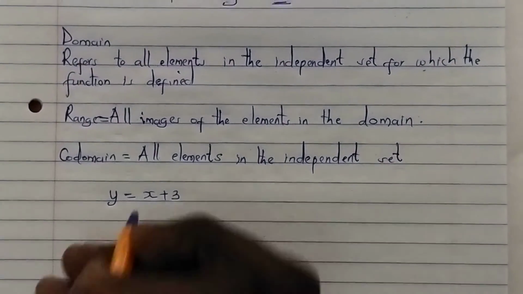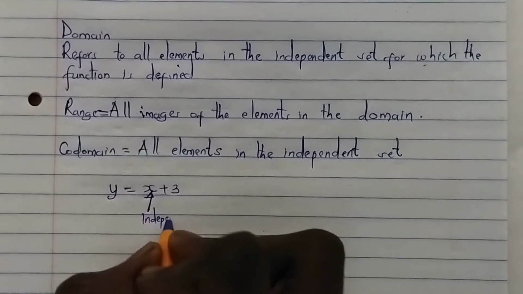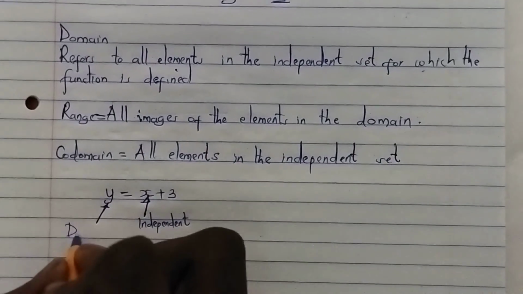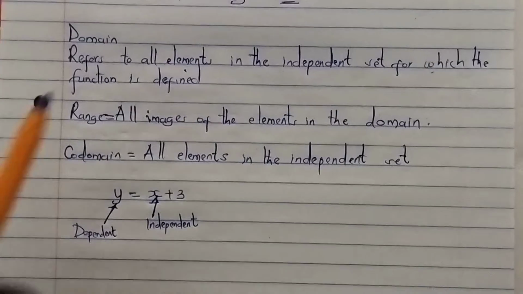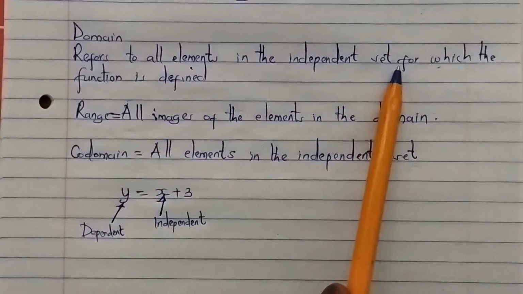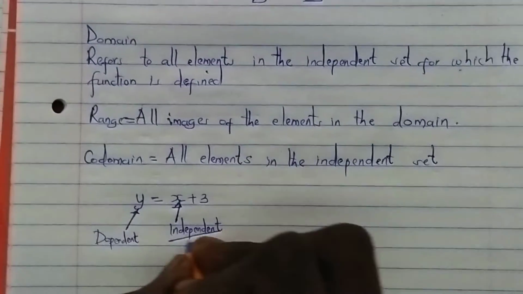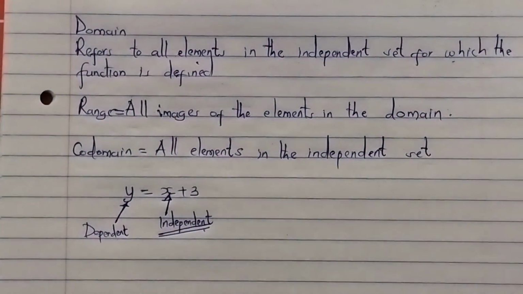We have said that this is the independent and this is the dependent. Then we are saying domain refers to all elements in the independent set for which the function is defined. So it means all elements of x for which y is defined.